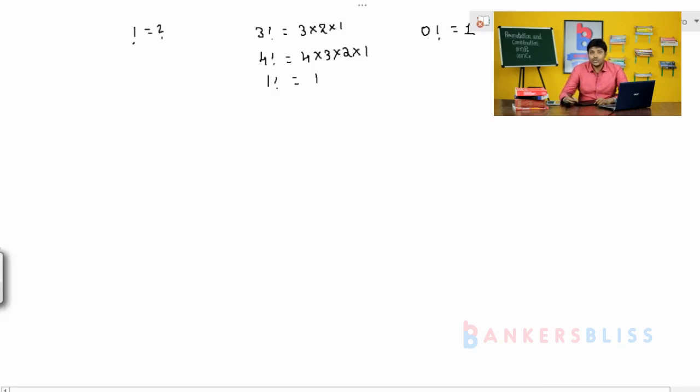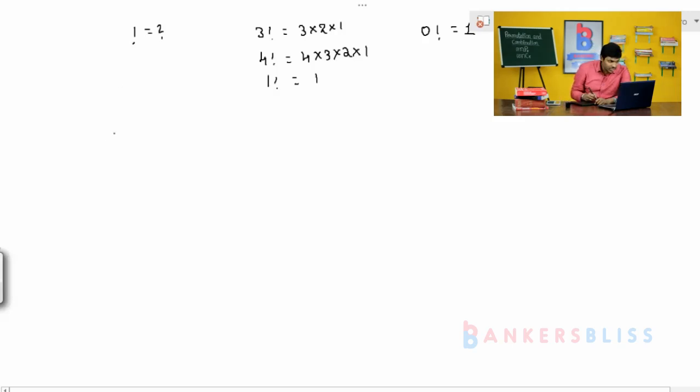Both are the same. Out of 4 I am selecting 2, rejecting the other 2. Out of 7 I am selecting 6, rejecting 1. Which means the number of ways of selection is equal to the number of ways of rejection.